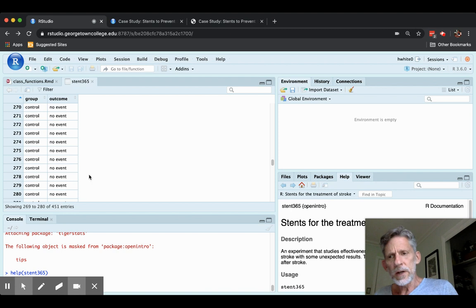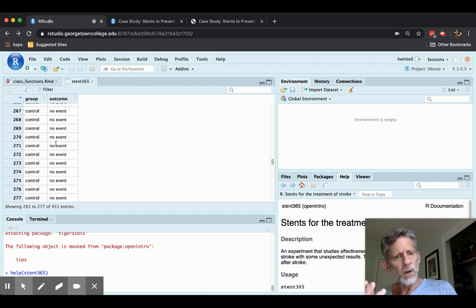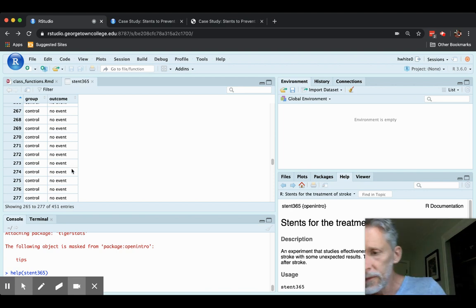And take that time to kind of go slowly through it all. Belabor it. Think about what each row means. And here it means each row's a person who's in the experiment. And what the columns mean, and what their values are, and how they're spelled even, is going to be important for learning to work with the data.